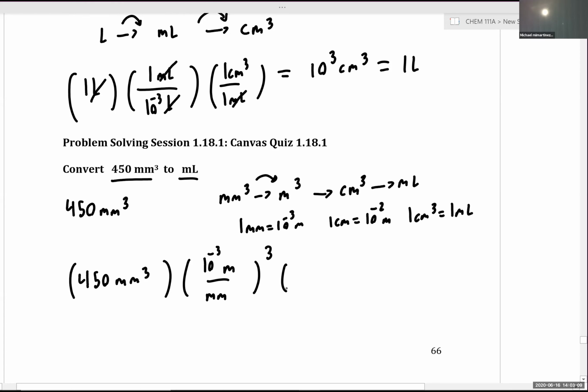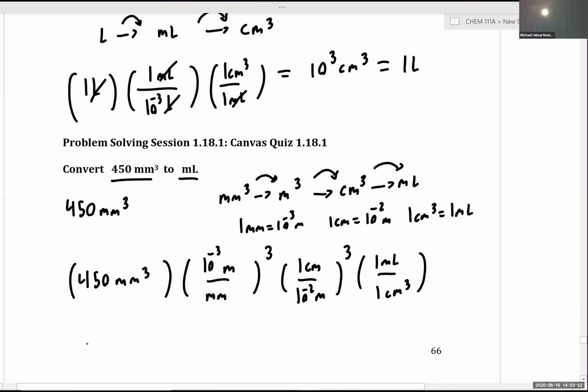Next, we're going from meters cubed to centimeters cubed. So in 1 centimeter, we have 10 to the negative second meter. And of course, just like before, we cubed it. Finally, from centimeter cubed to milliliter, we know 1 milliliter corresponds to 1 centimeter cubed.